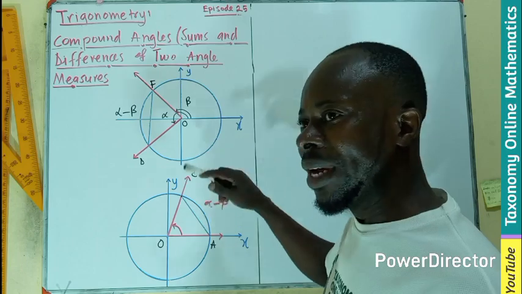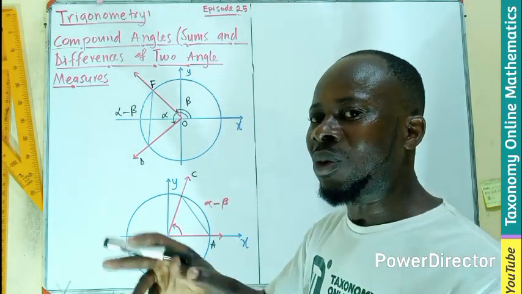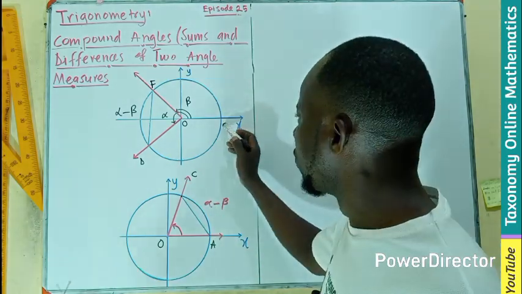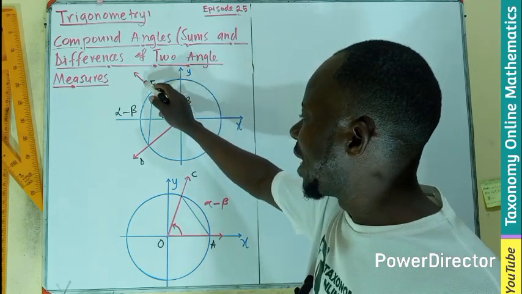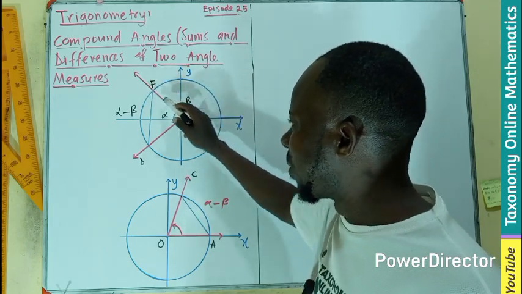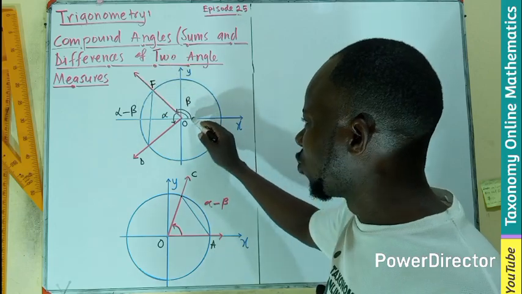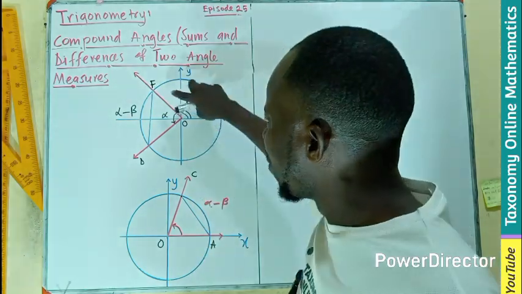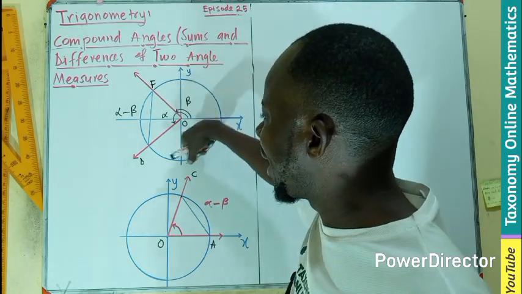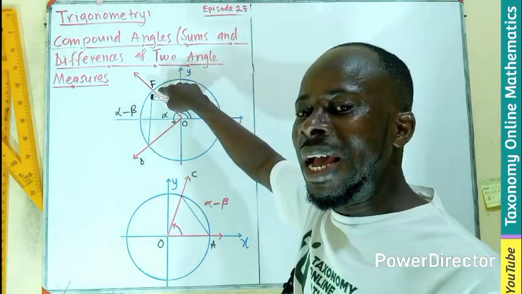So movement of angles is in the anti-clockwise direction. So if I move from the x-axis, which is 0 here, to where the F is, this line is showing the angle beta. And that place, wherever the point is on the circle, has an x coordinate and a y coordinate.